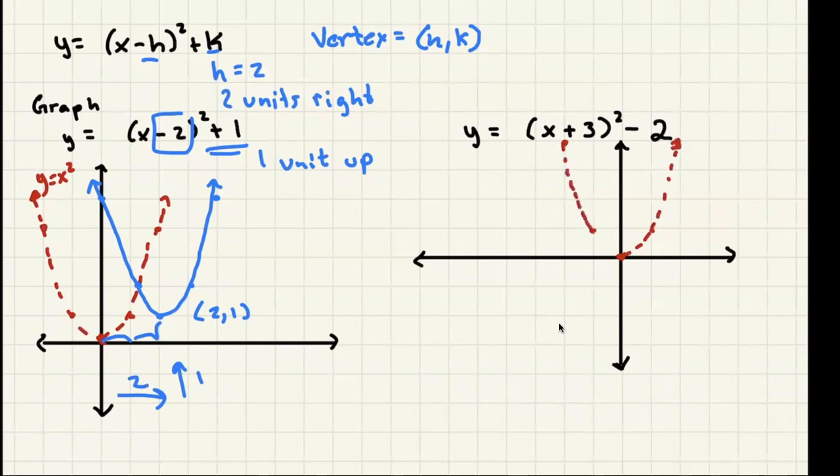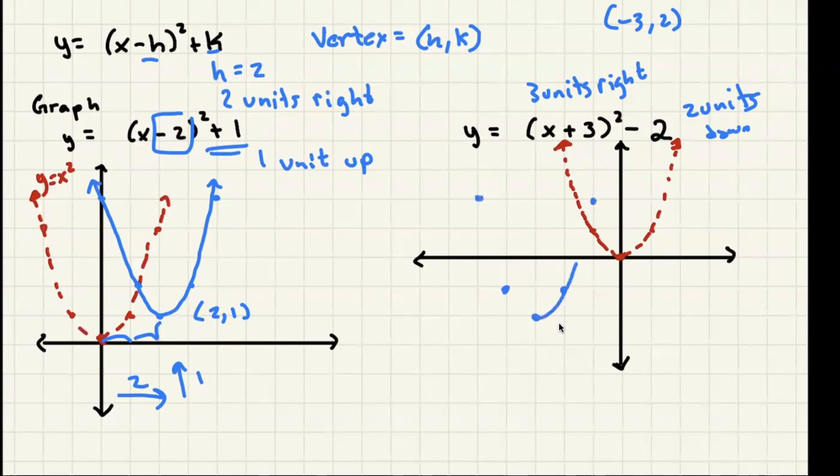This is just to show you what we're doing. So we're going to go 3 units to the right and 2 units down. Our vertex should be (3, -2). So 3 units to the right, 1, 2, 3, and then 2 units down. Now we just continue our shape. It's always going to go up 1 over 1, up 1 over 1, and then up 3, 1, 2, 3 over 1, up 3, 1, 2. And this is our new parabola.